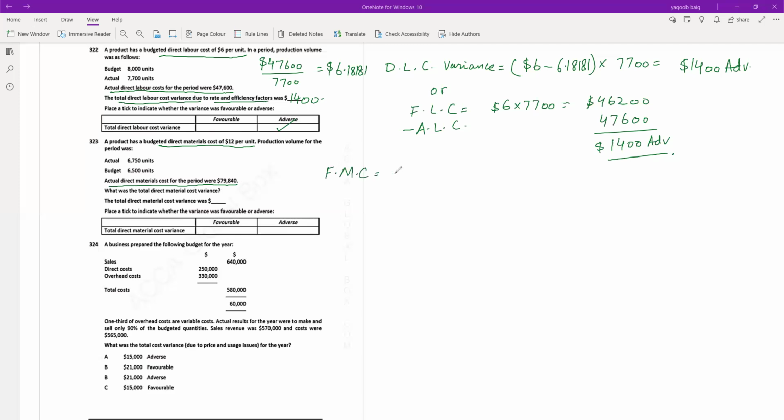Flexed material cost: 12 multiplied by actual units 6,750, $81,000, minus actual material cost 79,840. $1,160 is favorable.